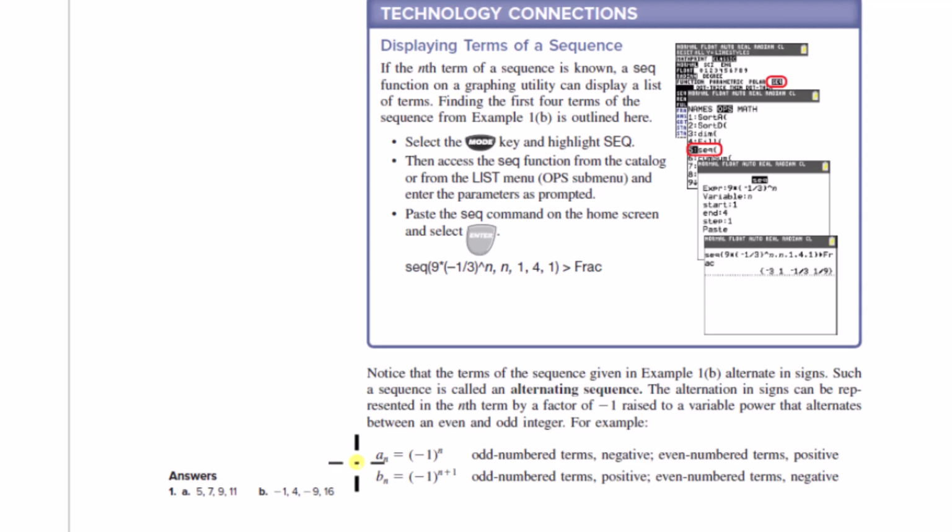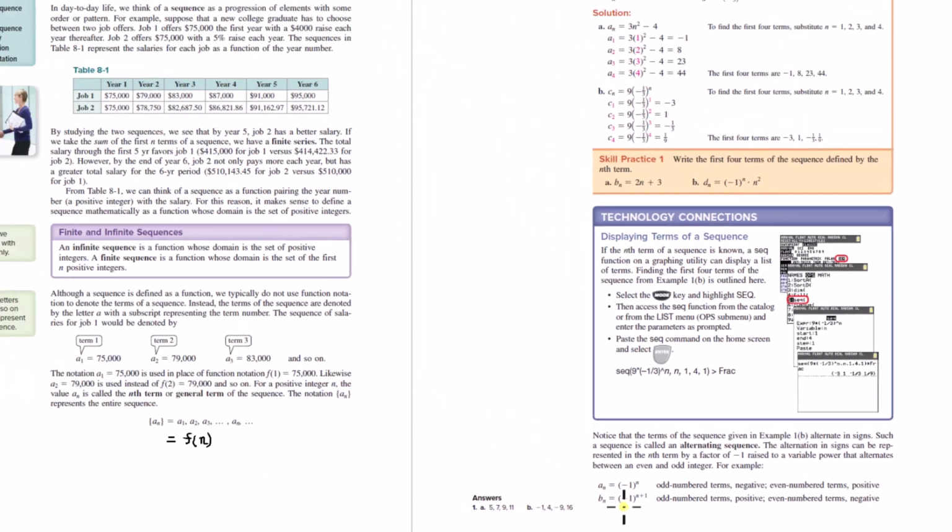It could be b sub n, c sub n, whatever. An alternating sequence has a factor multiplying out front of the sequence formula. You'll have minus 1 to the n or minus 1 to the n plus 1, or something like that. It just depends which terms are going to be negative and which are going to be positive. Here, n equal to 1, 3, 5, 7 will all be negative. Here, n equal to 1, 3, 5, 7 will all be positive.